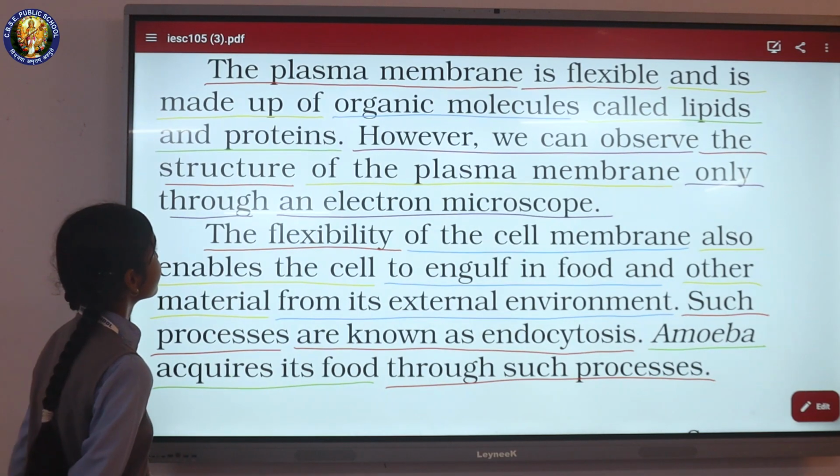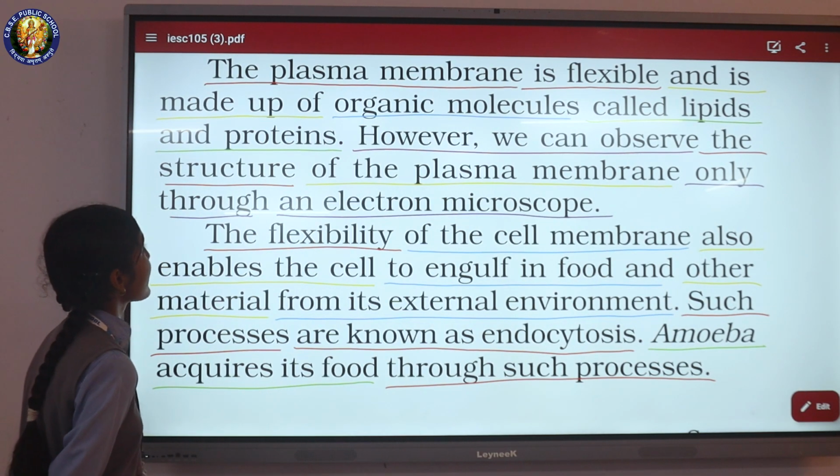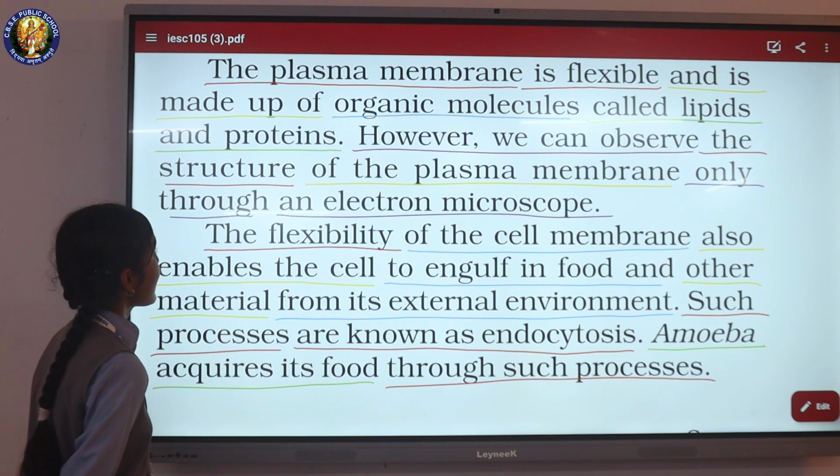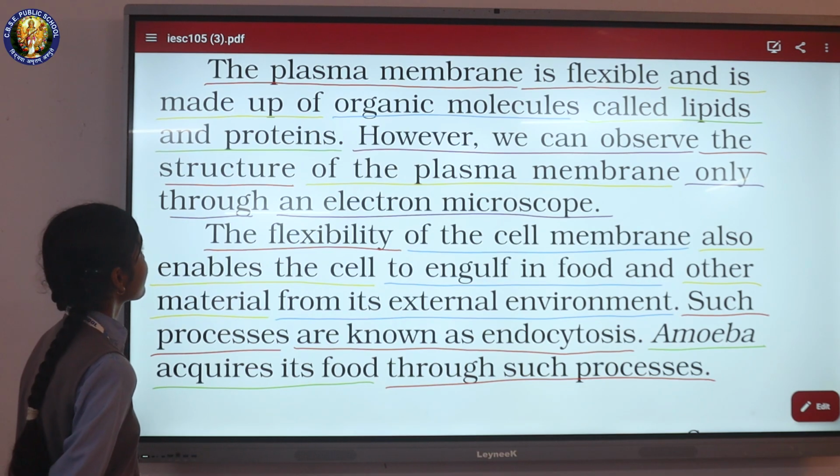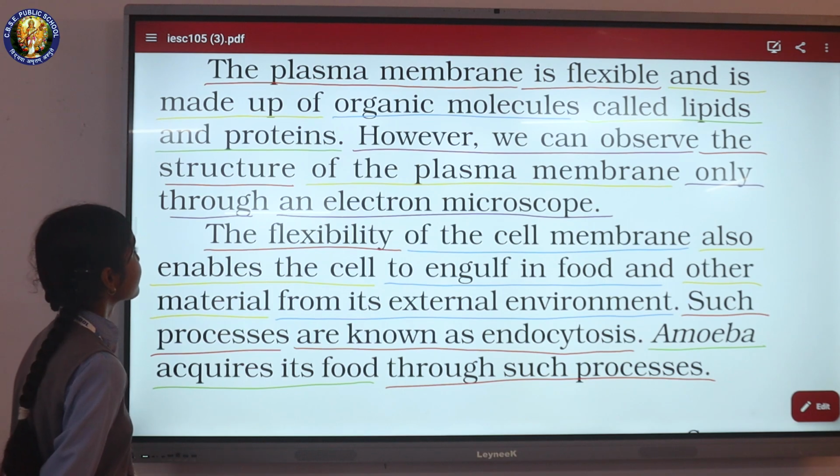The plasma membrane is flexible and is made up of organic molecules called lipids and proteins. We can observe the structure of the plasma membrane only through an electron microscope.